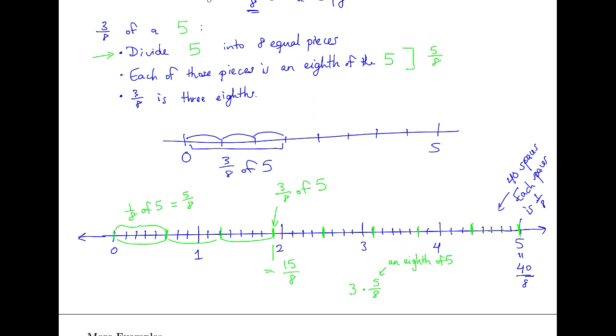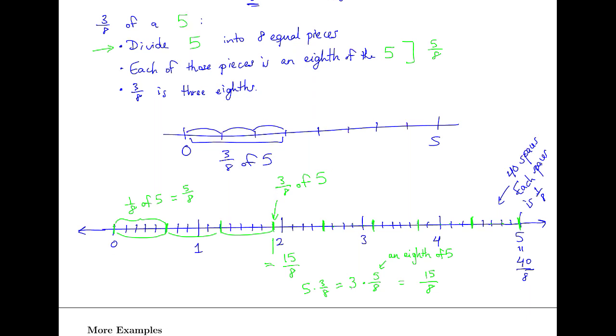And so 3 of those is 3/8 of 5. So it's actually kind of funny. We turned 5 times 3/8 into 3 times 5/8 and saw they're both 15/8.